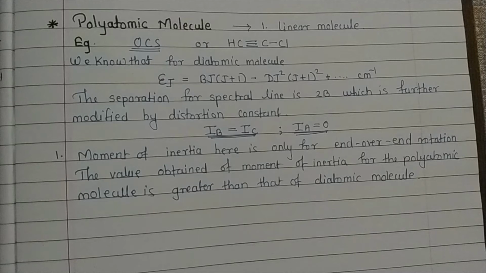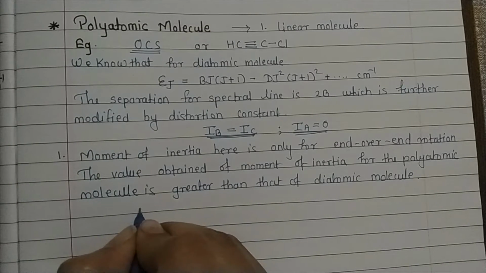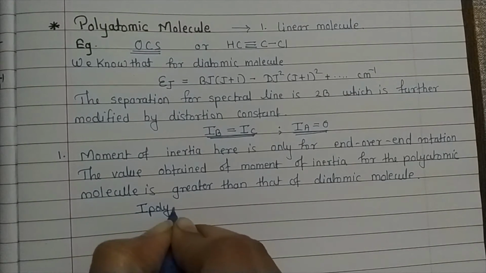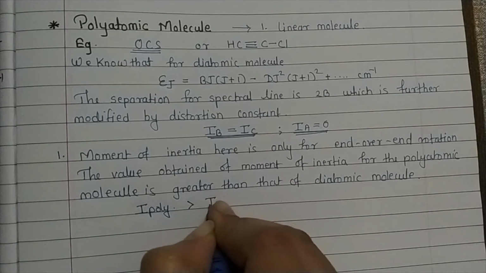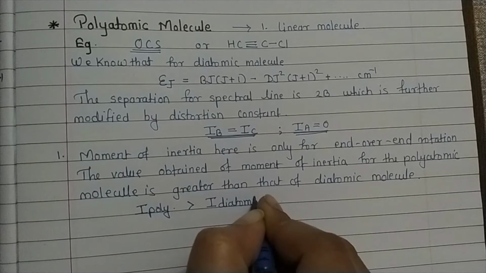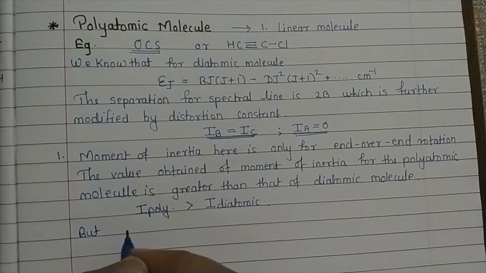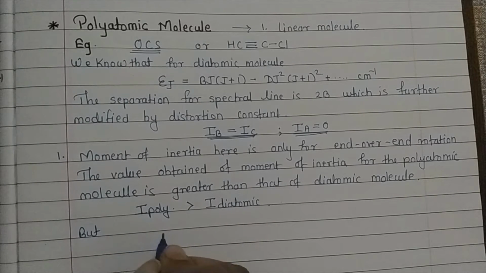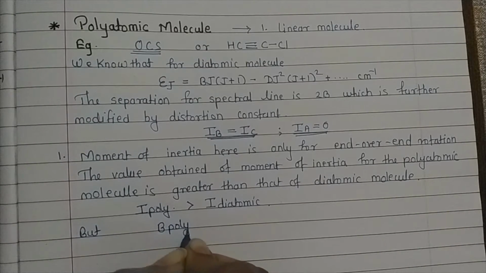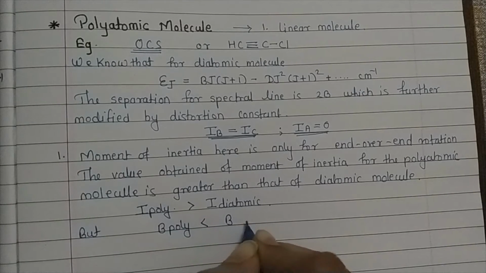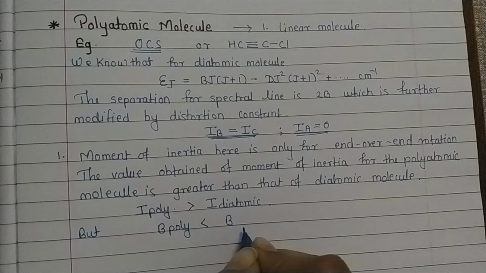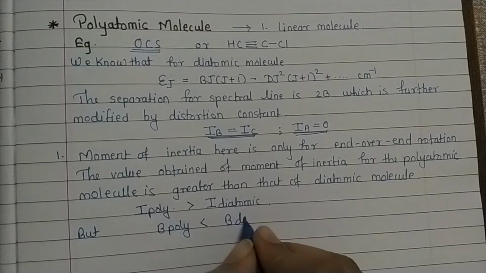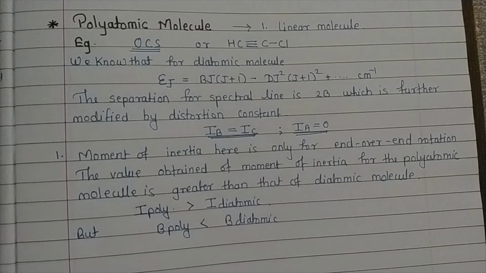As the value of moment of inertia is greater for the polyatomic molecule than the diatomic, the value of B for polyatomic molecule is less than that for the diatomic molecule. Is it clear?